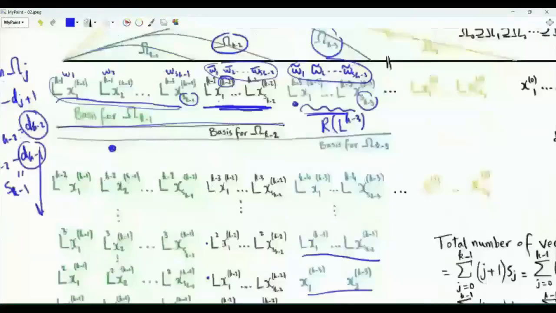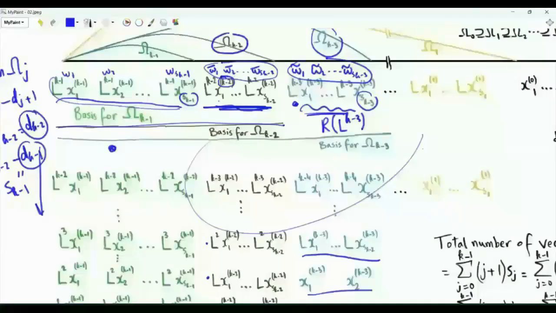The claim is that all those vectors together are a basis for the n-dimensional space. And so those vectors, if we stack them as columns in a matrix, that matrix will be an invertible matrix. We need to verify that there are n of those vectors, and we need to verify that they are linearly independent. Let's focus first on counting those vectors, making sure that there are n of them.